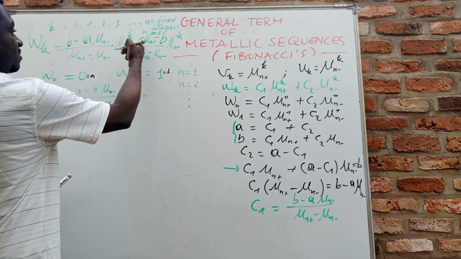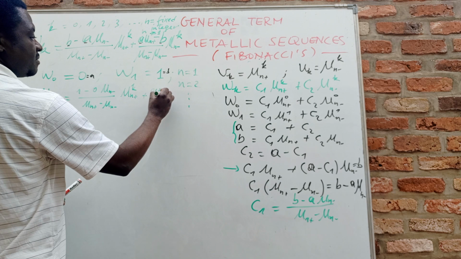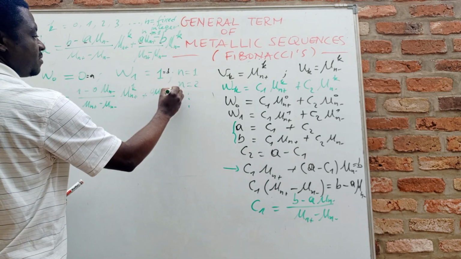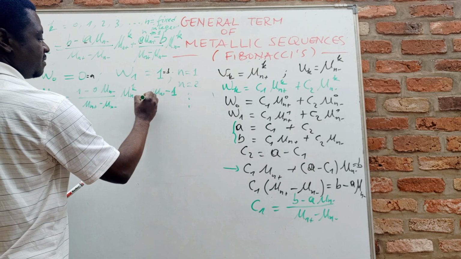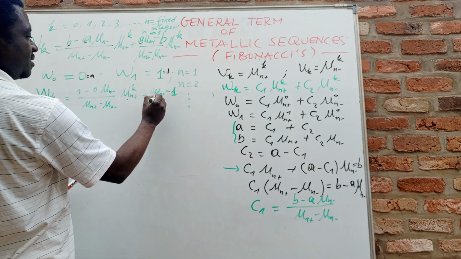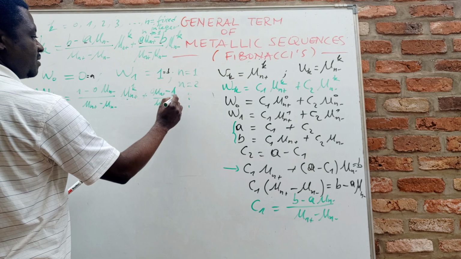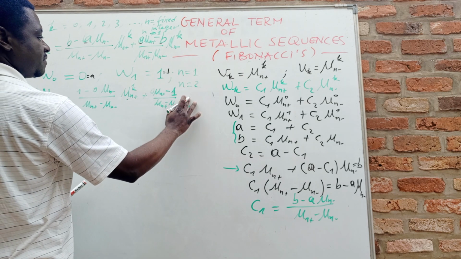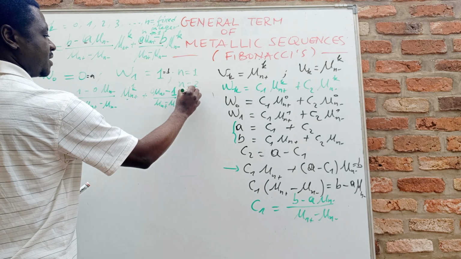This one is going to be equal to 0, mu n plus c minus b equal to 1 times the mu 1 here, 1 divided by mu n plus c minus mu n minus. Of course here we need to multiply by mu n minus power k.